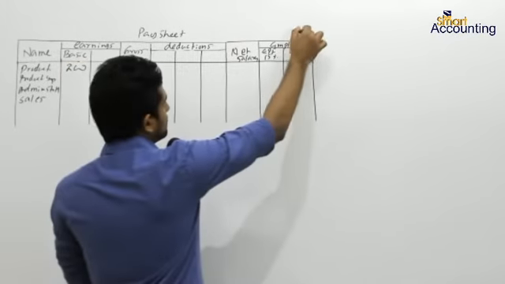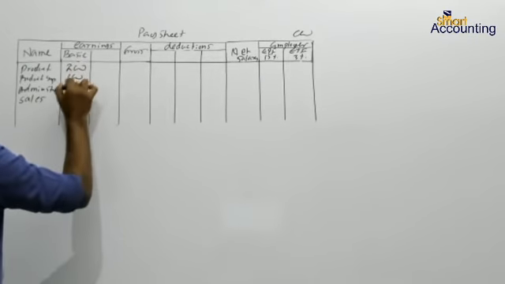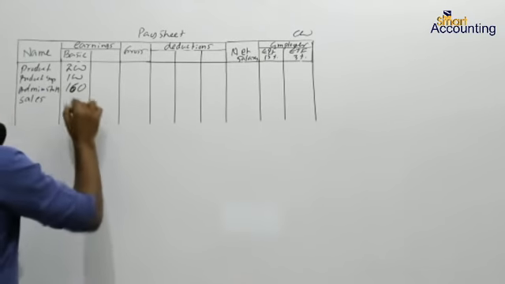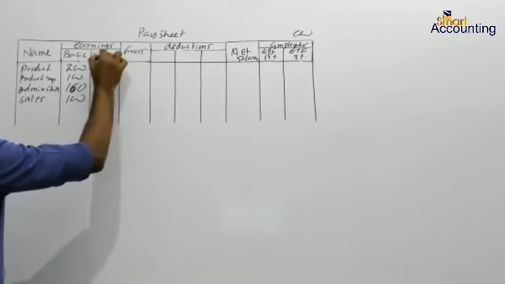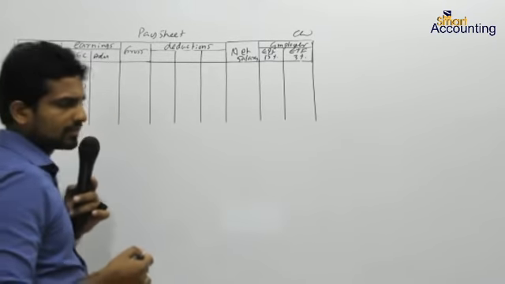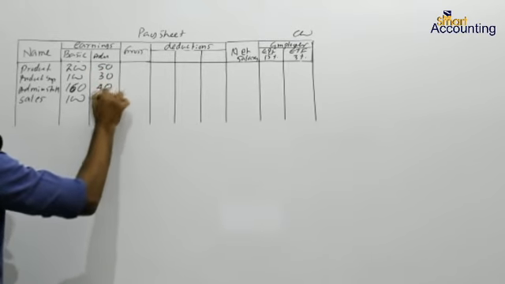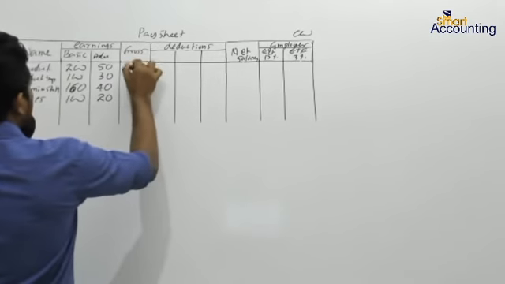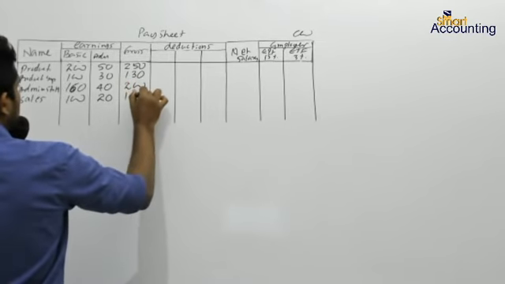Shall I show the calculations in thousands? 200,000, 100,000, 160, 100. Additions: 50, 30, 40, 20. The gross salary is 250, 130, 200, 120.